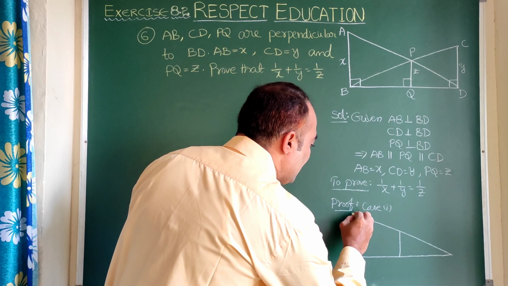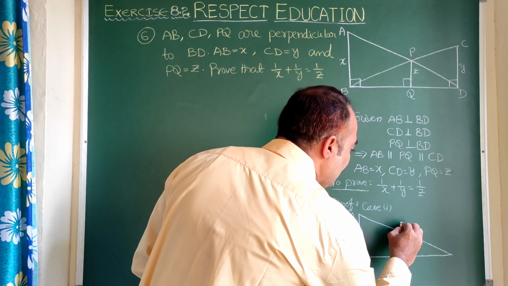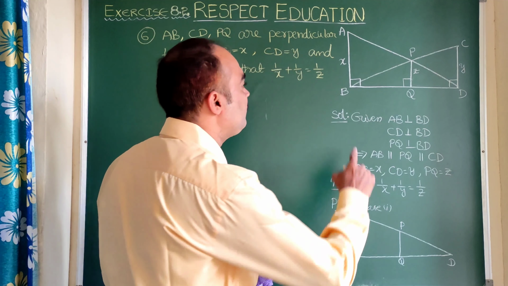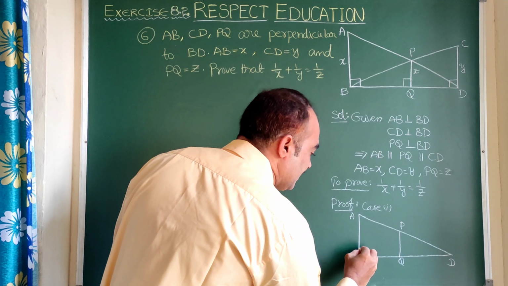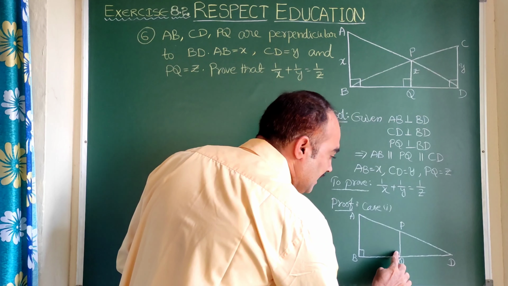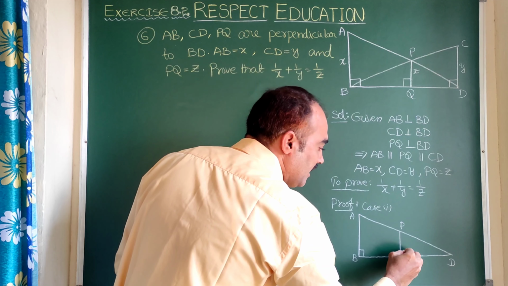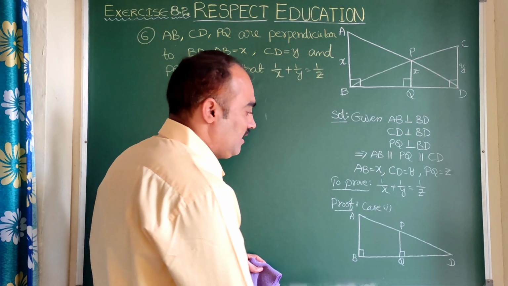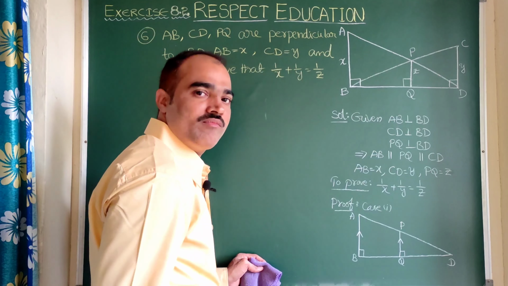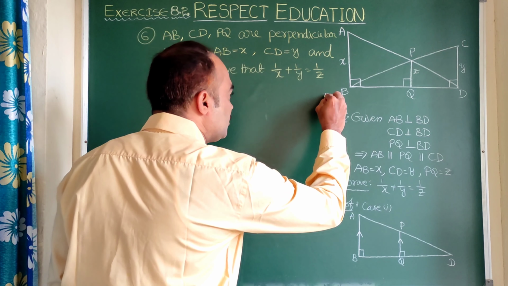Let us give this labeling AB, PQ, and this point is D. As you know, angle B is 90 degrees and angle Q is also 90 degrees. So I would like to write 90 on this side. Clearly AB is parallel to PQ.